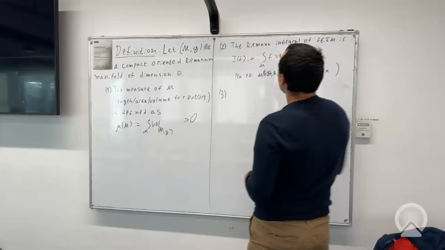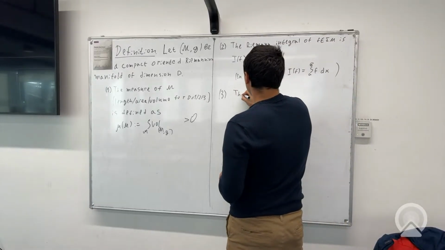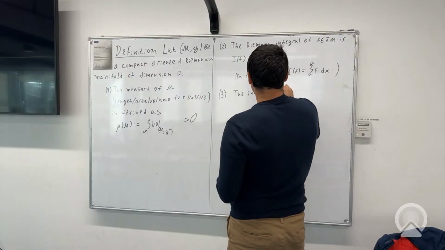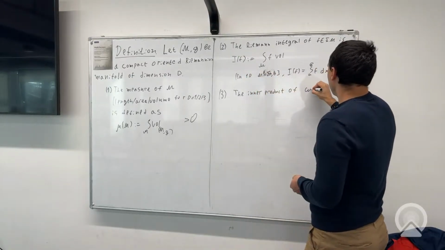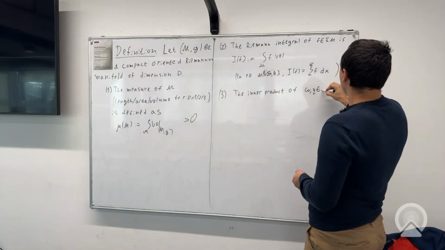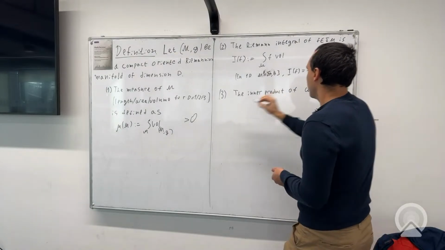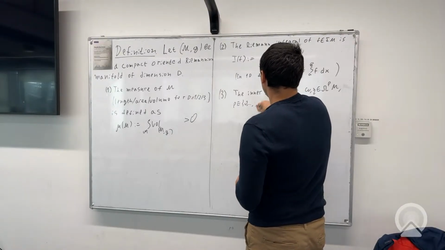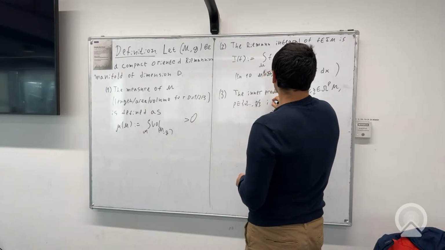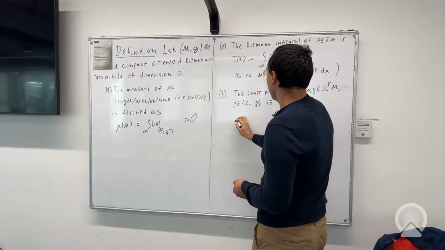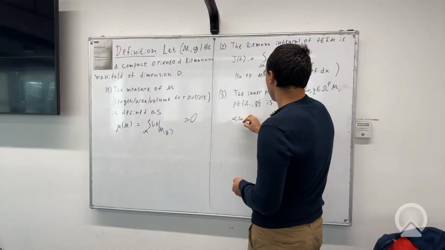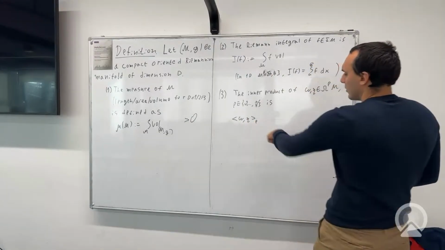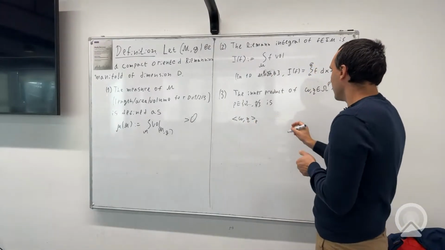And third, the inner product of two p-forms, here p is from 0 to D, is defined this way. So it's omega, eta. I usually put p, not always, but I will put p too, because it's different for different forms.